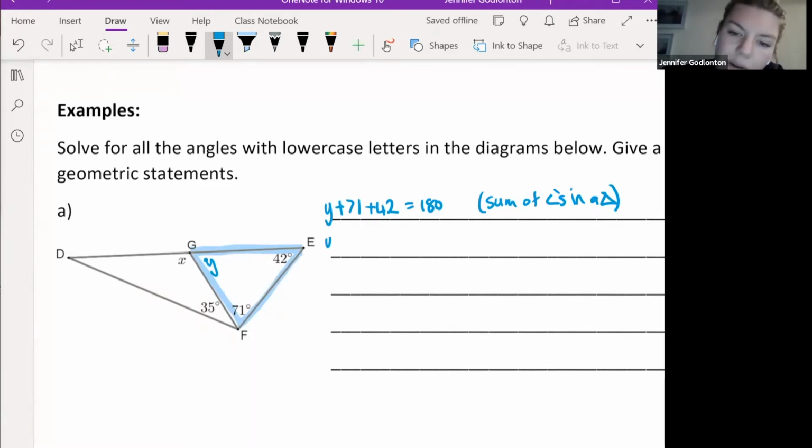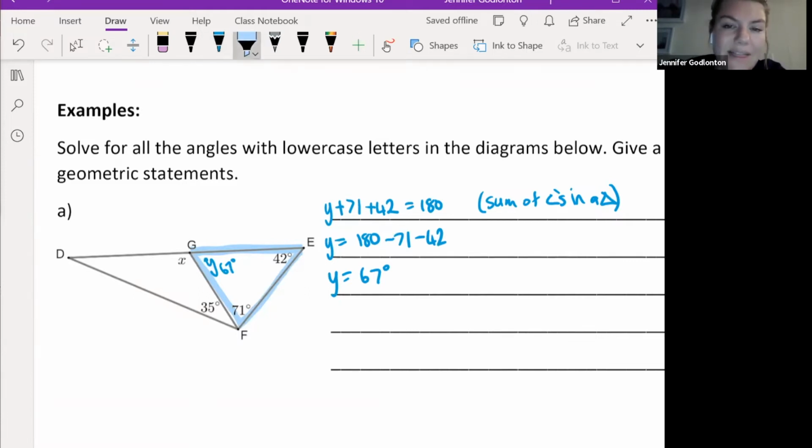Then Y is equal to 180 minus 71 minus 42. We can pop that into our calculator, and that gives us 67 degrees. So now I know that that is 67 degrees.